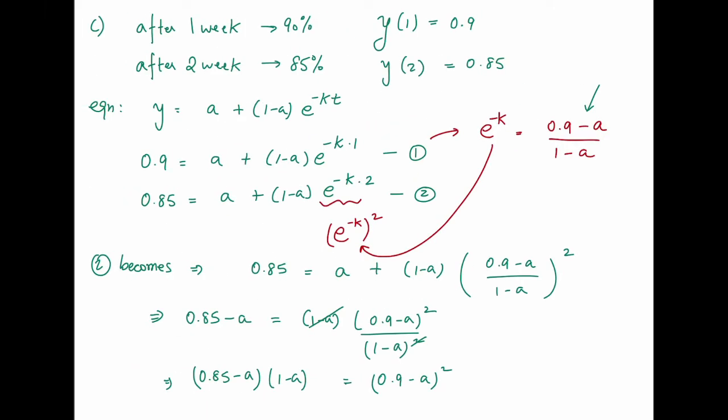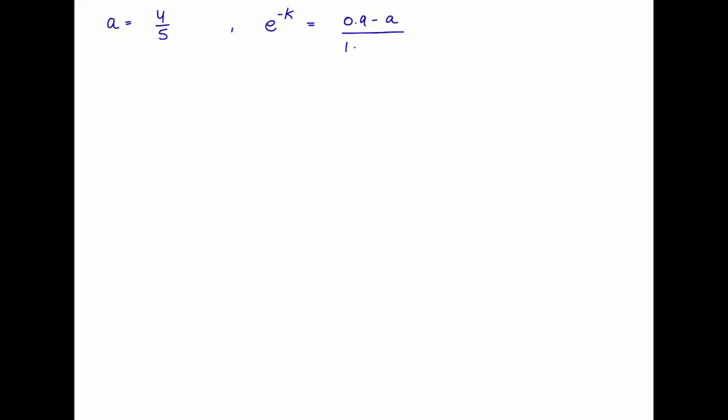So we were given the final value of A is 4 over 5. We knew e to the power negative k is (0.9 minus A) divided by (1 minus A), right? Just double checking, yes.